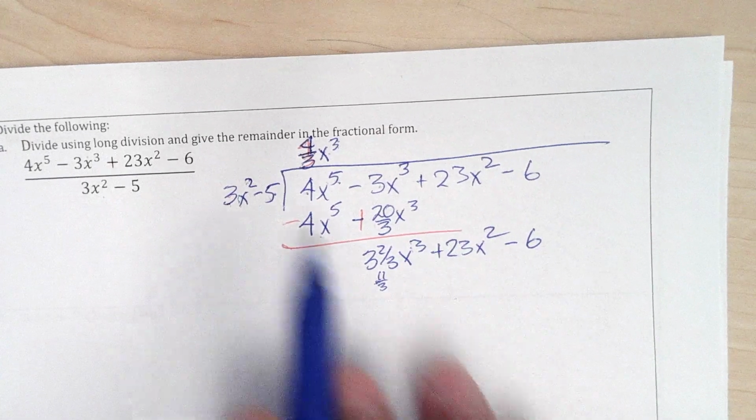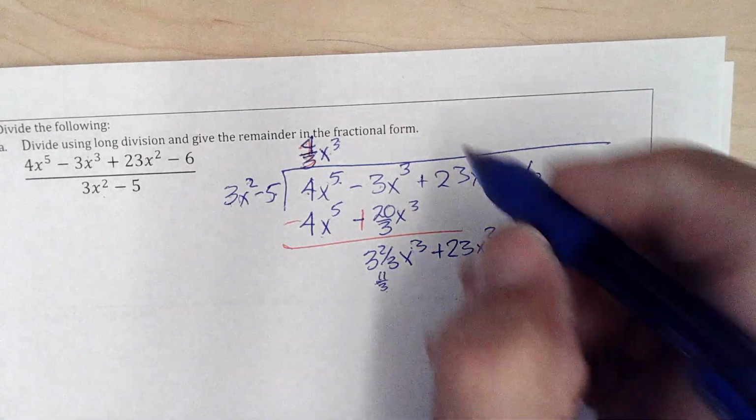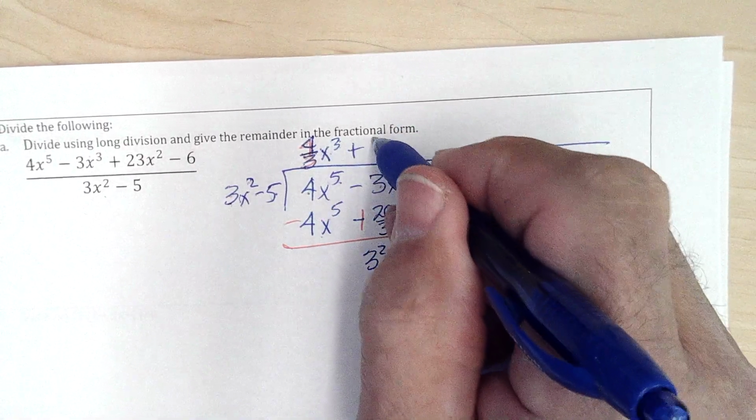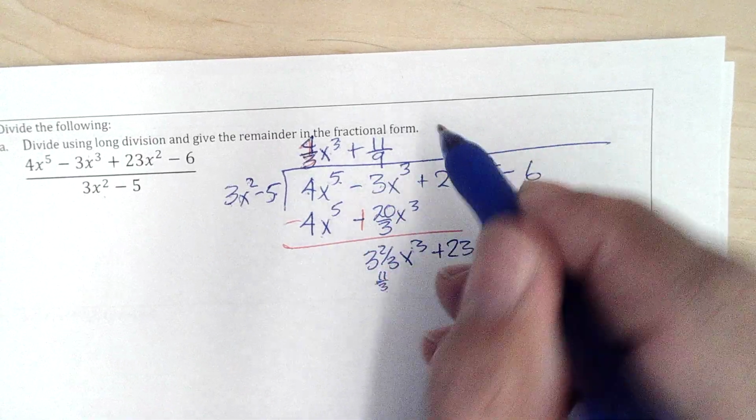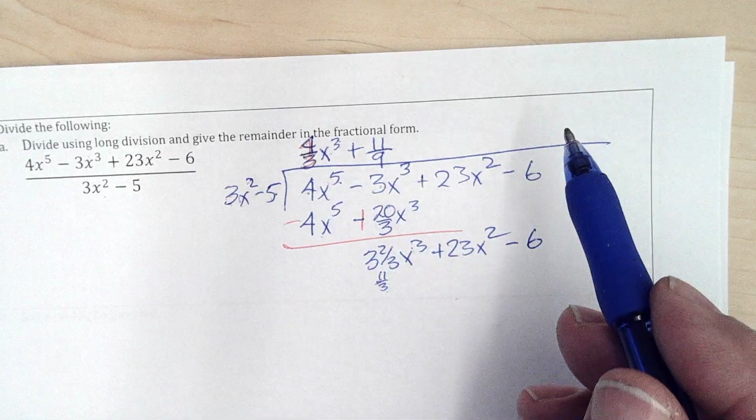What do I take 3 times to get 11/3? Well, that would have to be a plus 11 ninths, because 3 times this would cancel one of the 3's and leave me 11 thirds.